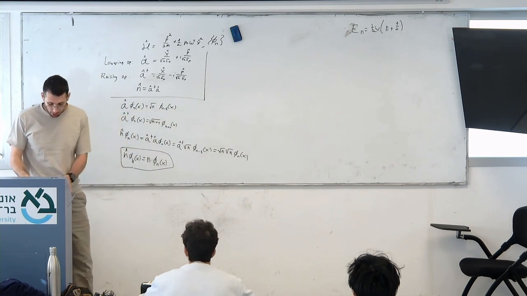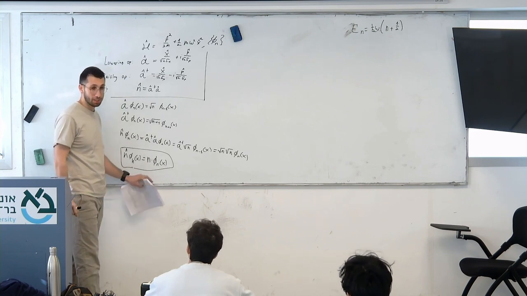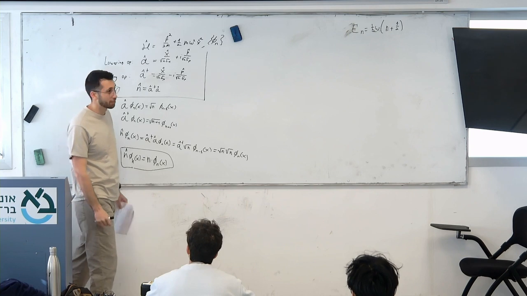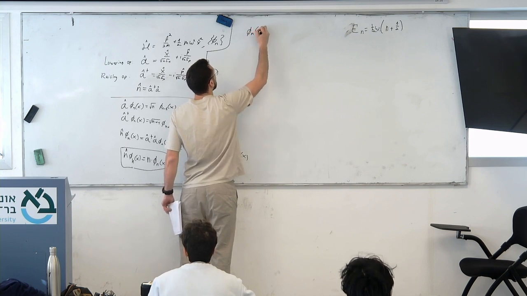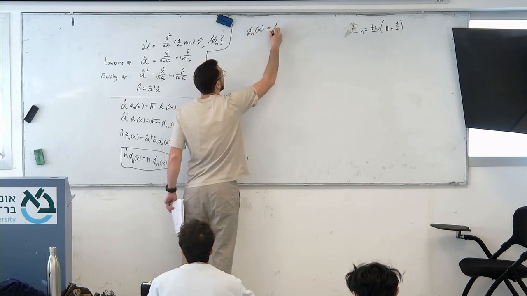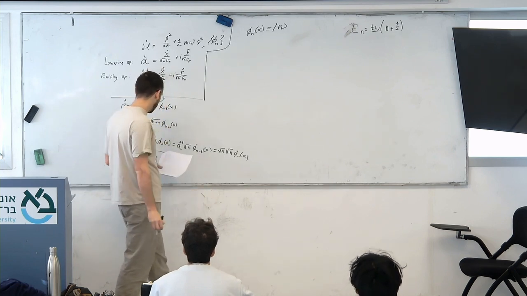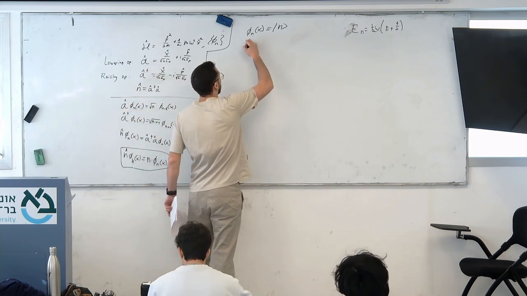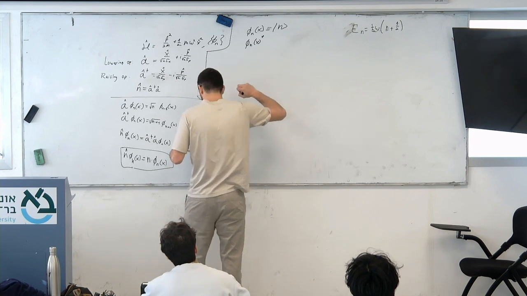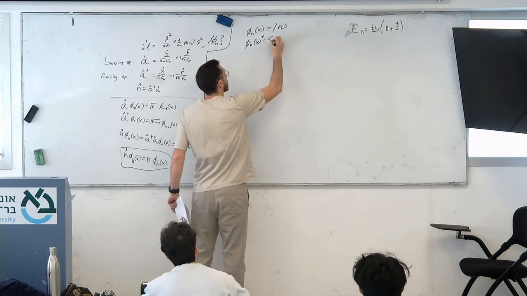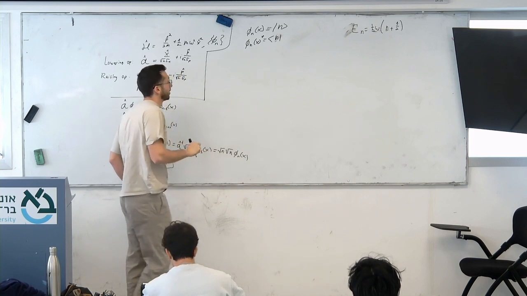Okay. So, bracket notation. We have this phi n of x, right? But we are lazy. We are physicists. We don't like to write a lot of stuff. So instead of phi n of x, we can define it as the ket number n. We can also write phi n of x conjugate as a bra.